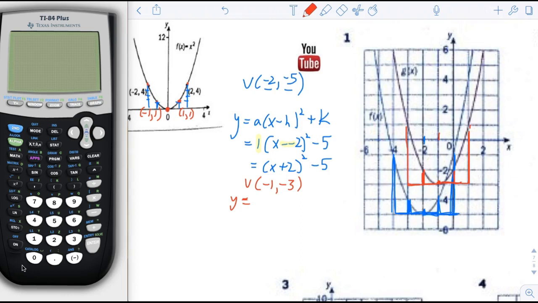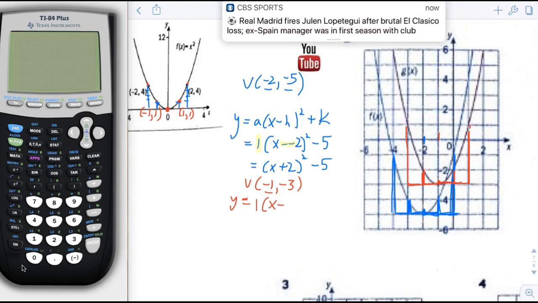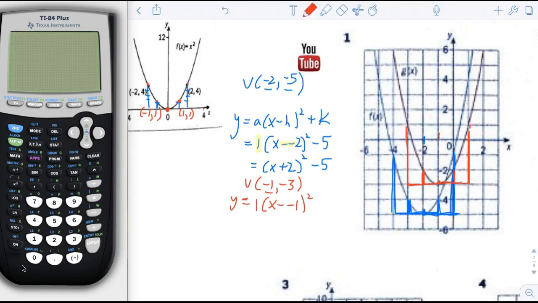So we could just put an a value of 1 here. And then the h value in this case is -1, so we're going to put (x - (-1))². And then the k value is -3, so we just replaced plus k with -3.